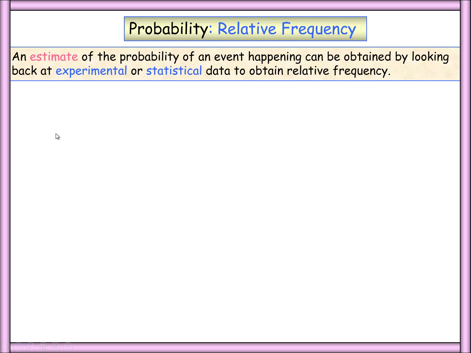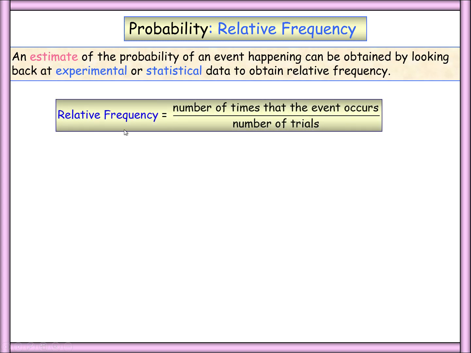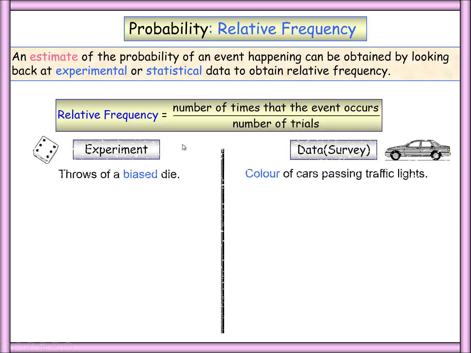So this is our definition: the number of times that the event occurs divided by the number of trials. So the number of times that the event that we're looking for occurs divided by the number of trials. We have a look at an example here, an experiment, say, throwing a biased die.